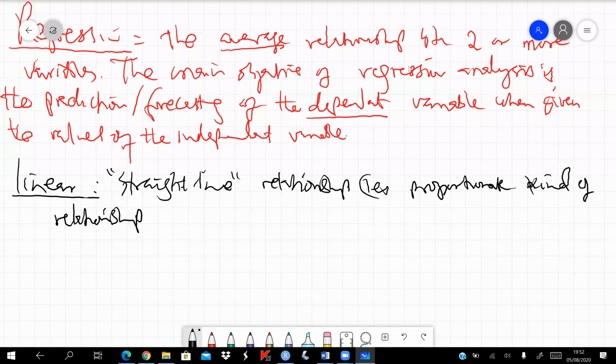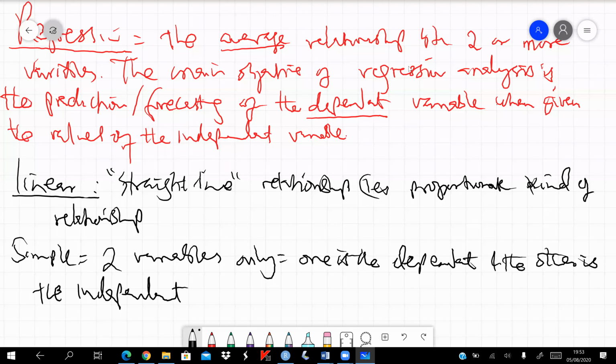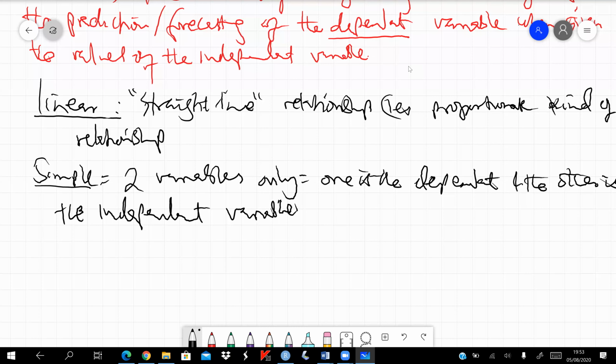Then when we talk about simple here, simple means with two variables only, where one is the dependent variable and the other is the independent variable. Okay? So maybe I can also mention this so that I can avoid it later. When we talk about multiple, it means that we have more than two variables.